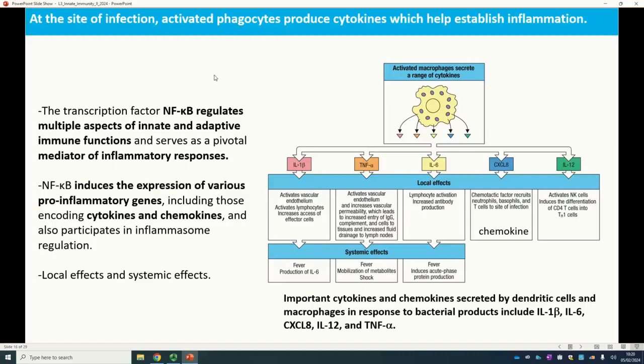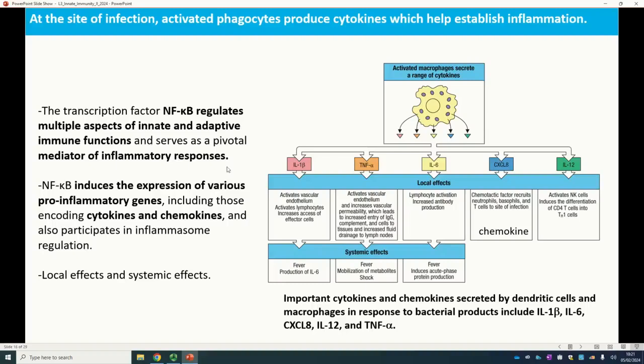So what's important to remember is that at the site of infection, we'll have our activated phagocytes, so our macrophages, and these will be producing various cytokines which are helping to establish that state of inflammation. And just to bring you back to the importance of NF-kappa B, NF-kappa B is really important in regulating multiple aspects of both the innate and the adaptive immune functions, but it really plays a crucial role in mediating the inflammatory responses.